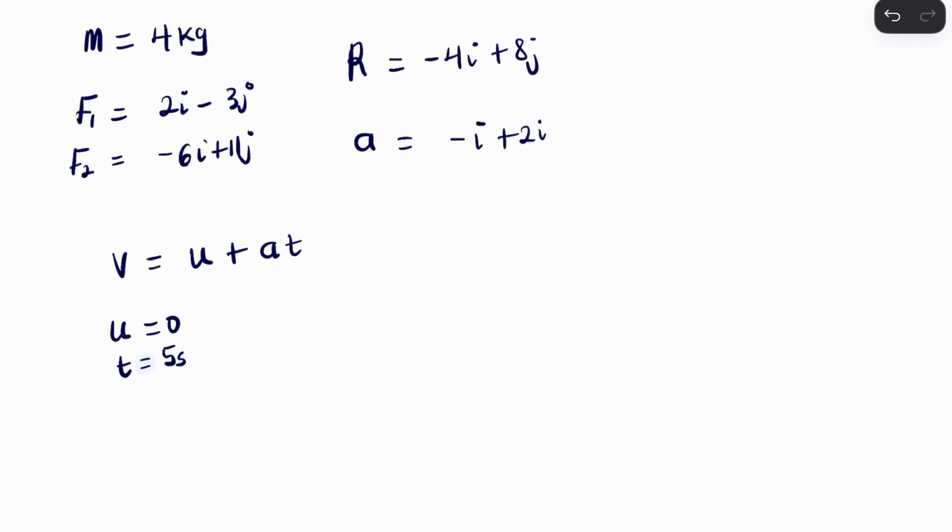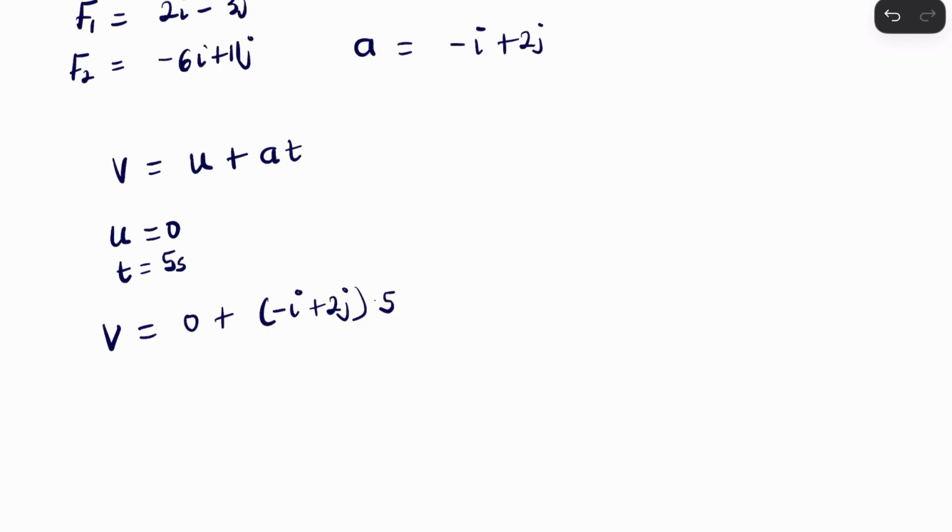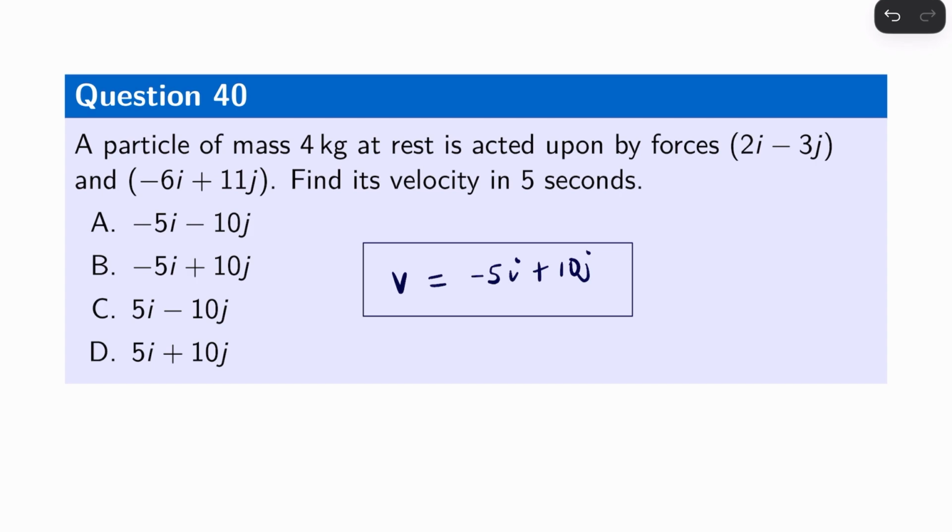So let's compute v. v is u, which is 0 because the particle is at rest, then a is this here, minus i plus 2j, times t, which is 5. Thus, v is equal to minus 5i plus 10j. Hence, the correct option is option B.